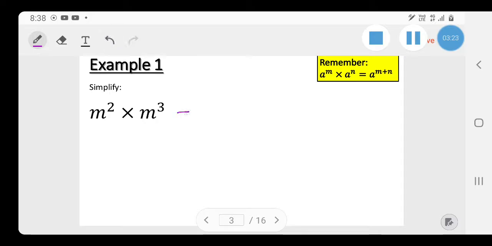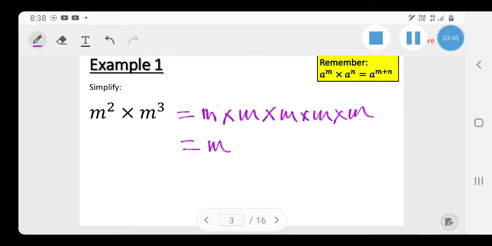All right. Now, if I were to write this in expanded form, I would write m times m, that's my m squared, times m cubed, which is m times m times m. And you know how to go from expanded form into index form. You write the base, you count how many times that base occurs, 1, 2, 3, 4, 5, and that becomes the new power.